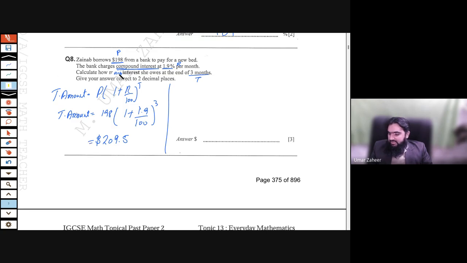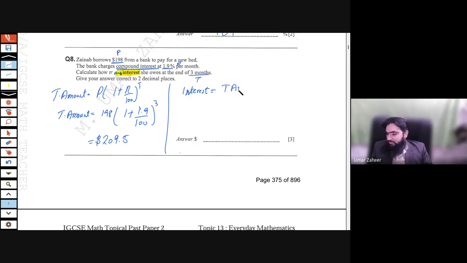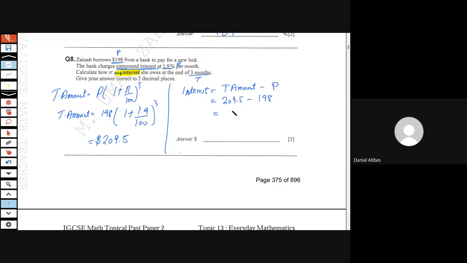Okay, but obviously we did not find the interest yet. We found the total amount. The question is you have to find the interest amount only. So the interest will be equal to the total amount minus the principal amount. Total amount is 209.5 minus 198. Yes, that will be equal to $11.5.